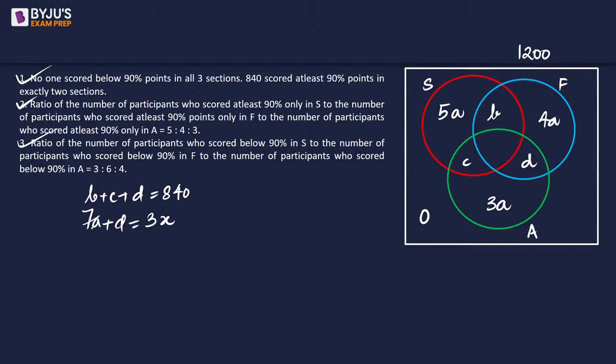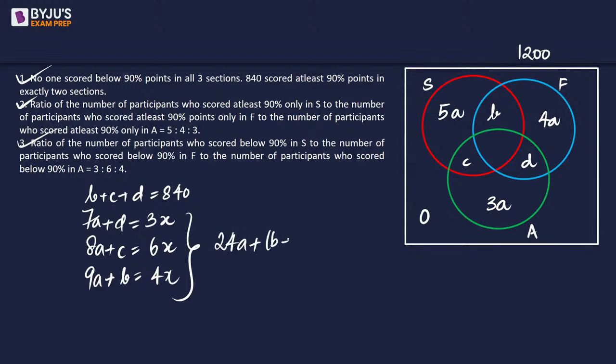So we will have 8A plus C, this is going to be 6X. And similarly in A के हिसाब से, it is going to be 5A plus 4A, that is 9A plus B, this is given as 4X. As in if we add all of this, we will have 24A plus B plus C plus D, and this is going to be 13X.